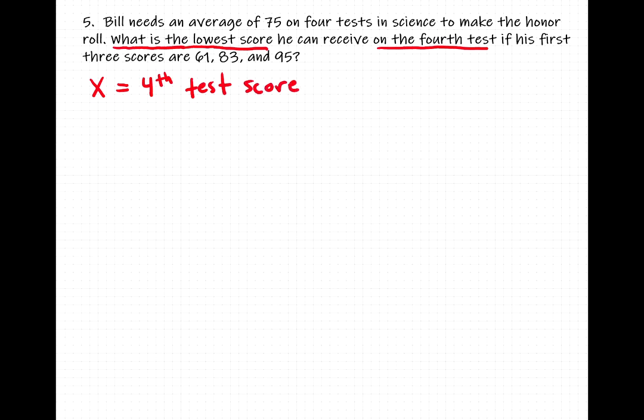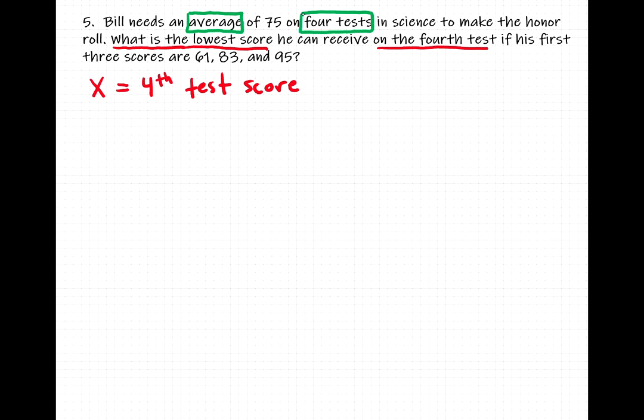Now, what do we know about this word, average? How do you find the average of 4 numbers? You have the average of 4 tests. Well, to find the average of 4 numbers, you have to add them up and divide by 4.